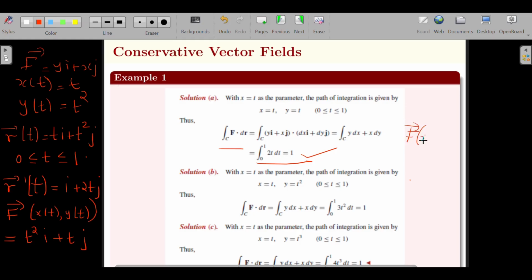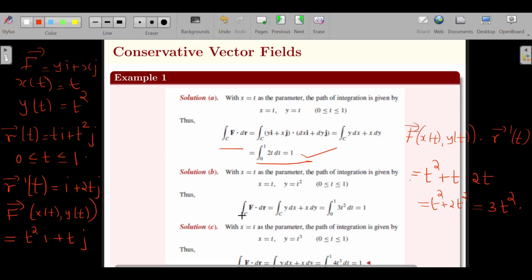F of x of t, y of t dot r dash of t is equal to the dot product of t square i plus t j and i plus 2t j. So this will be t square plus t into 2t, that is t square plus 2t square, which is equal to 3t square.